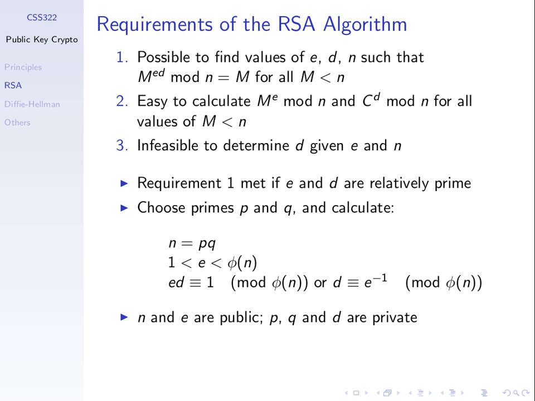The totient of two prime numbers multiplied together is the totient of those individual values multiplied together. So we choose two prime numbers, P and Q, calculate n, which is an easy operation, and find the totient of n, that's easy.